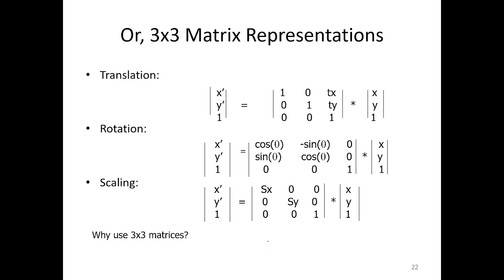Scaling, x dash y dash 1 equal to sx 0 0, 0 sy 0, 0 0 1, into x y 1. So instead of the 2 by 2 matrix, here you take the 3 by 3 matrix representation. We have to perform these types of operations: translations, rotations and scalings.